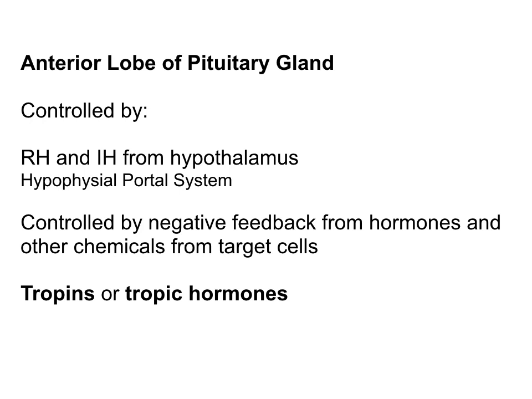Now, in addition to the releasing and inhibiting hormone control, there is going to be some control through negative feedback, which is going to come from hormones and other chemicals that are produced by your target cells. So there is some negative feedback also coming in as well.